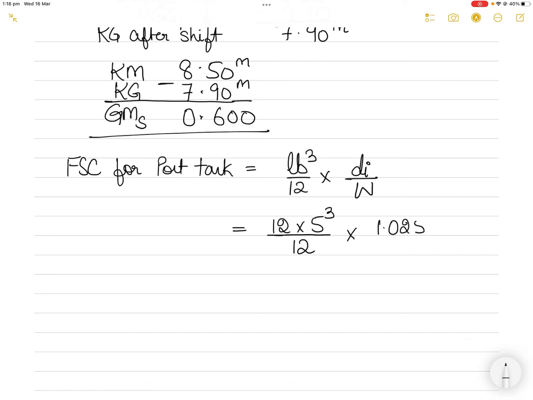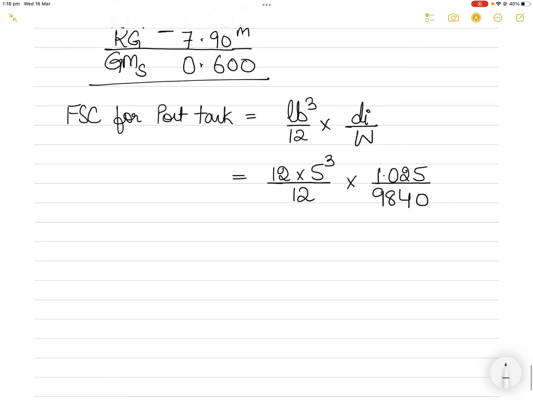Density of liquid inside the tank is 1.025 because it was filled with seawater, and displacement is given to us as 9840. So free surface correction you will find is 0.013, but this is only for the port tank.